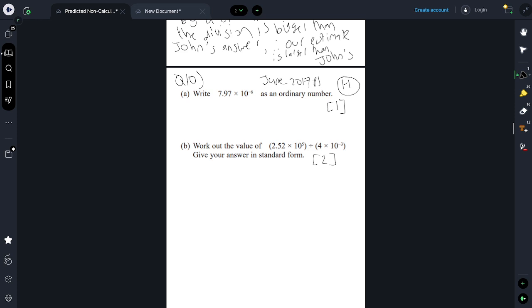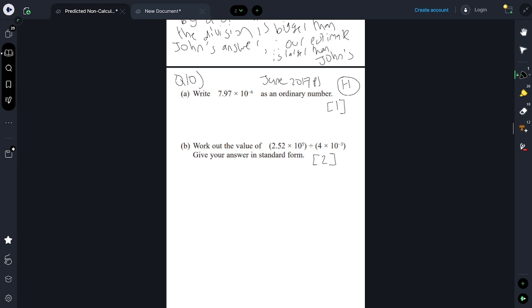So don't throw it away and think, oh, it's only going to be calculator, or the calculator will just give me it in standard form, so I don't need to learn it for non-calculator. No, you do need to learn it for non-calculator, and I do predict it will come up as well. I think Edexcel realised a calculator makes it a lot easier, so they're going to put it on non-calculator. But even then, if not, it's still good to learn, and you need to learn it for the other papers anyway. Hopefully, you should have learnt it by now.